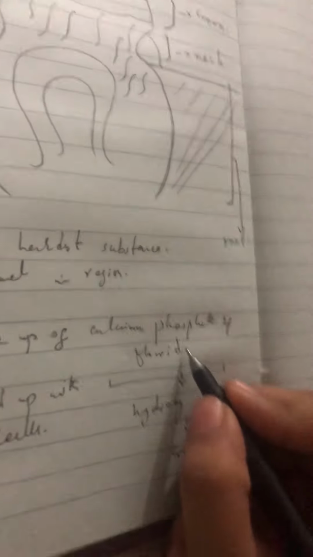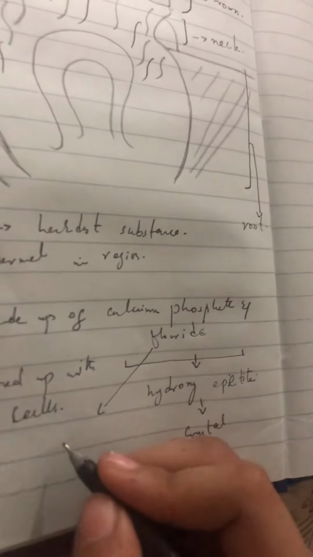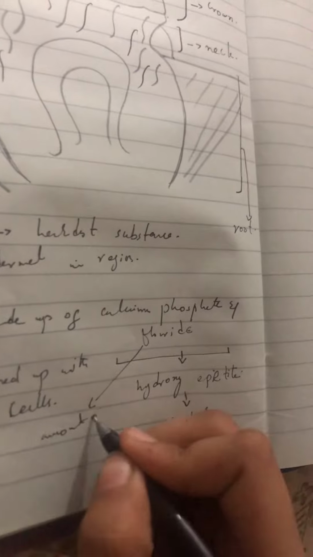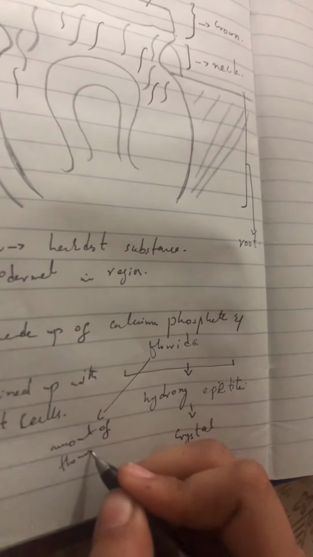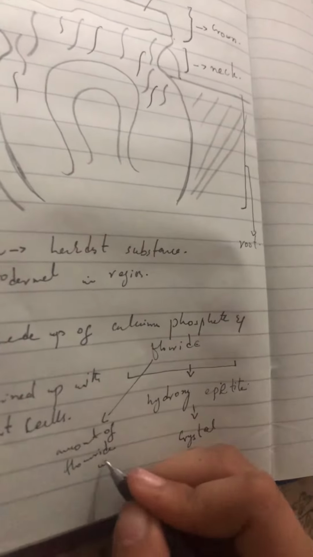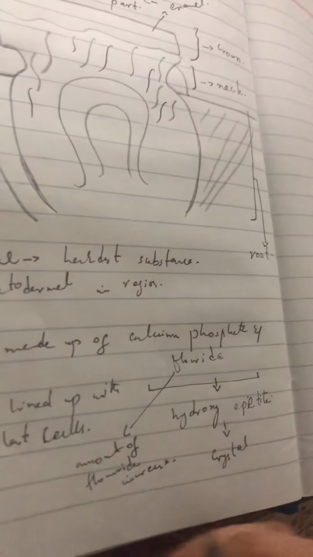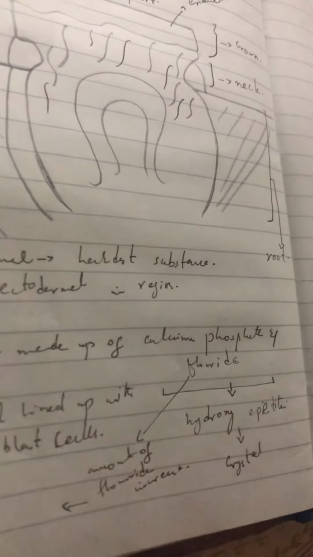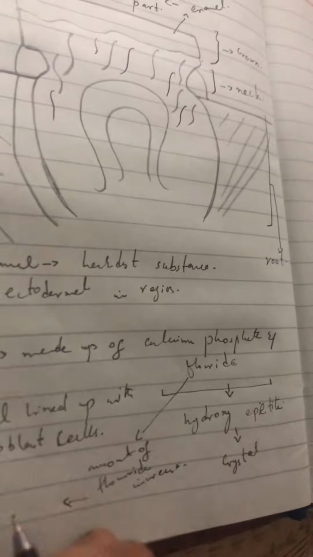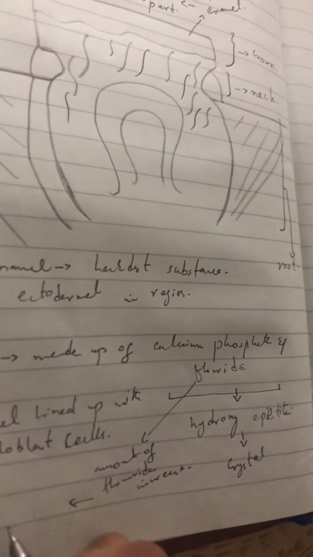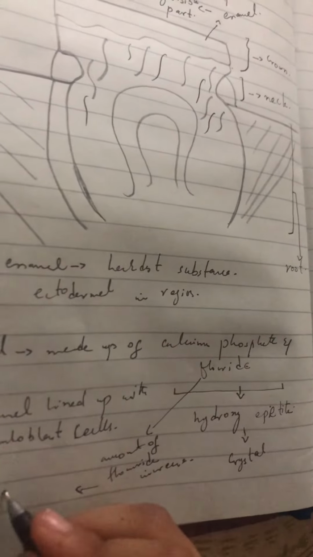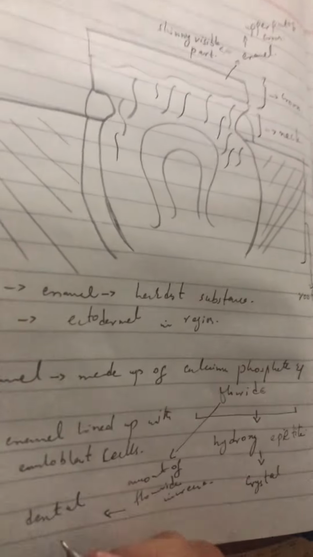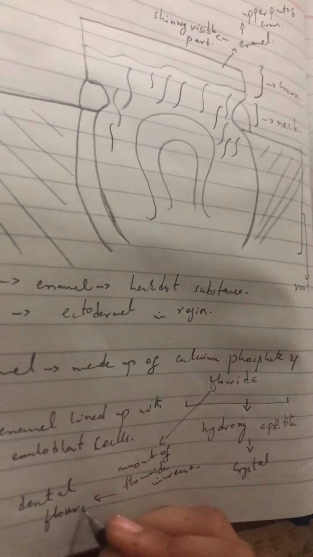If the amount of fluoride in our tooth increases, then a disease will happen, which is called dental fluorosis.